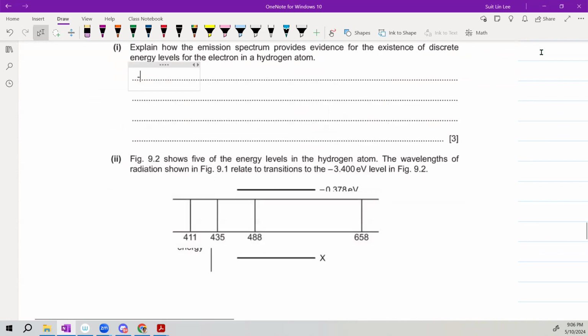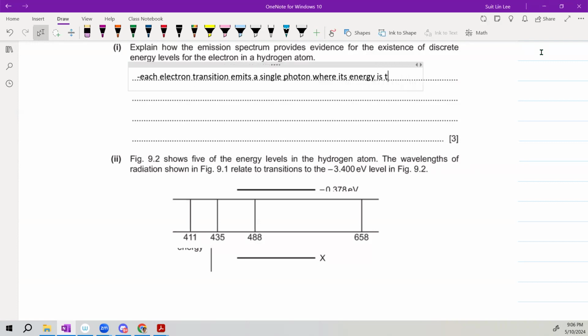So maybe I'll briefly write down the answer. I will say each electron transition emits a single photon, where its energy is the energy difference between the energy levels.